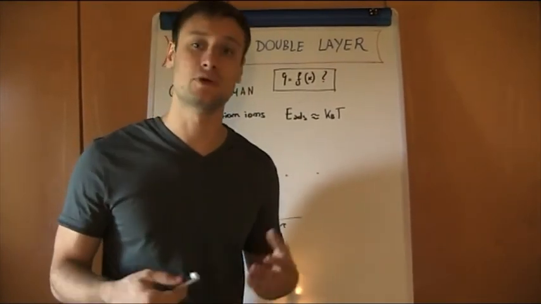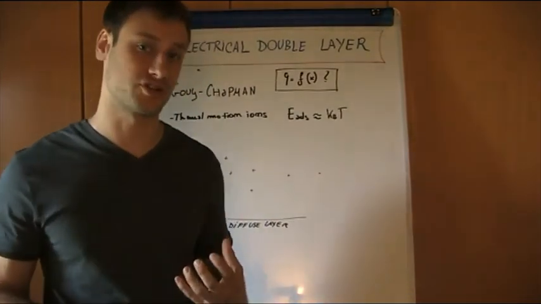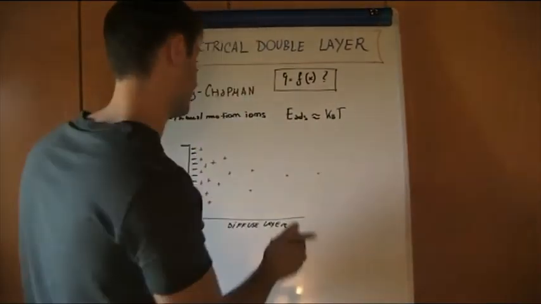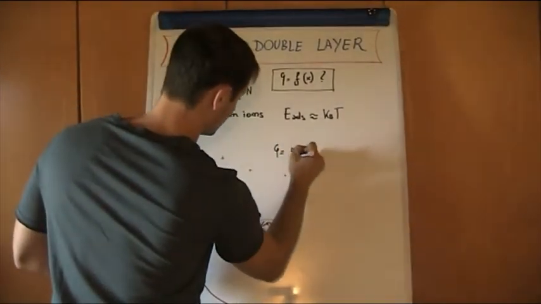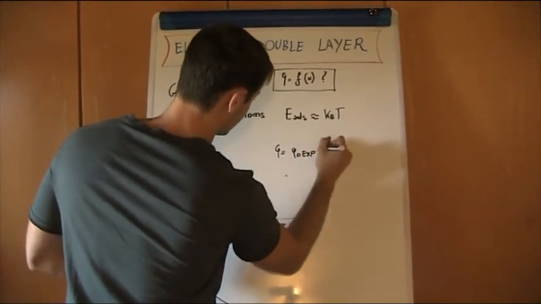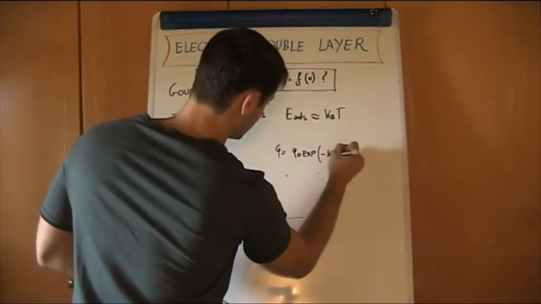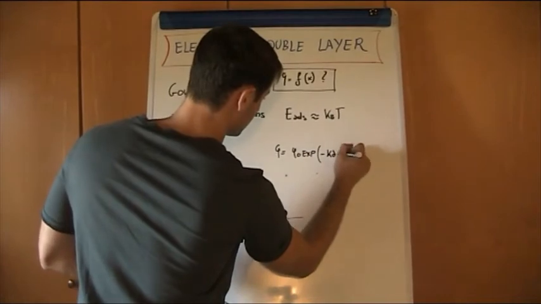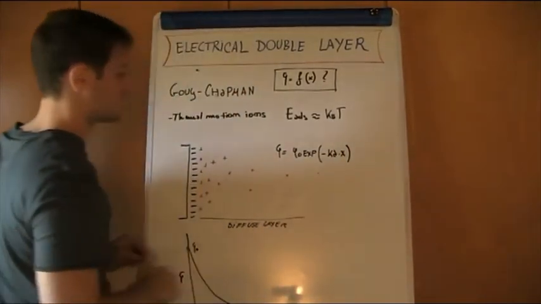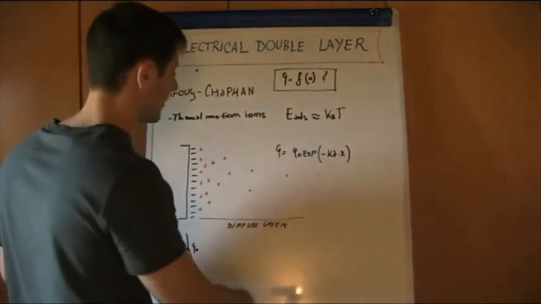So the Gouy-Chapman equation basically is an equation that describes the exponential profile of this function.